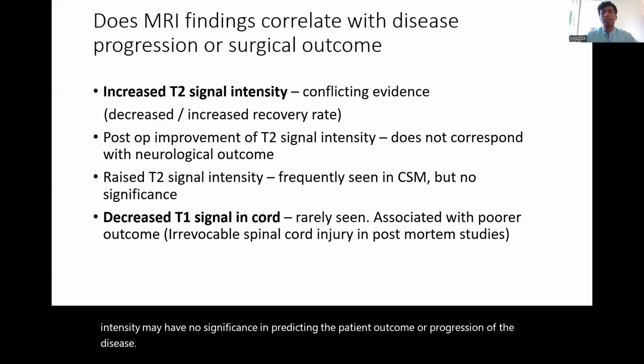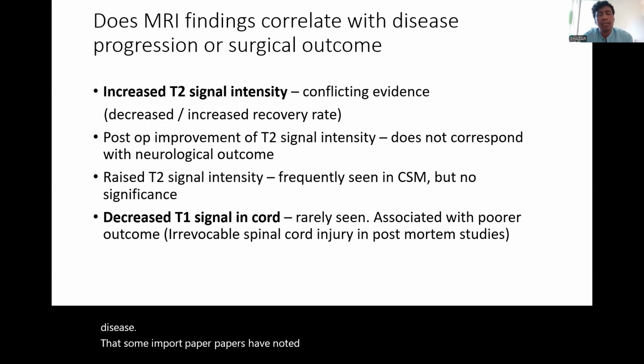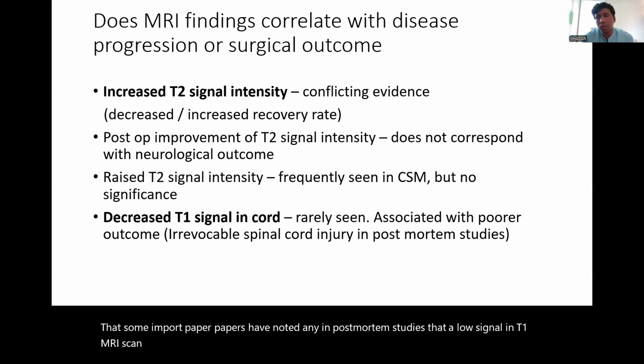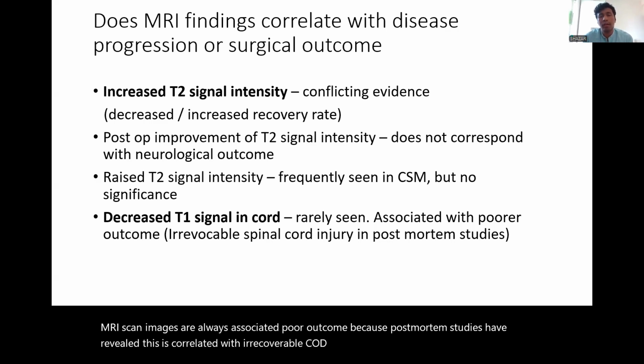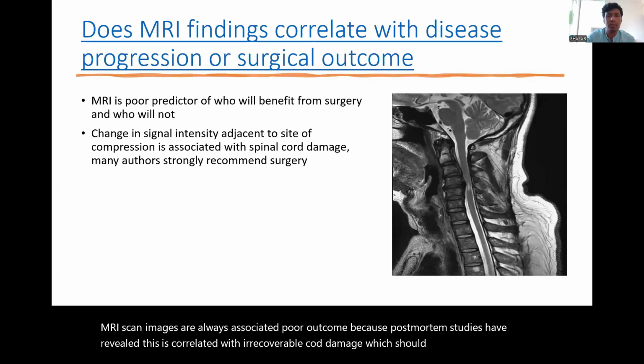But some important papers have noted in post-mortem studies that a low signal in T1 MRI scan images is always associated with poor outcome, because post-mortem studies have revealed this is correlated with irrecoverable cord damage, which should be taken into consideration.